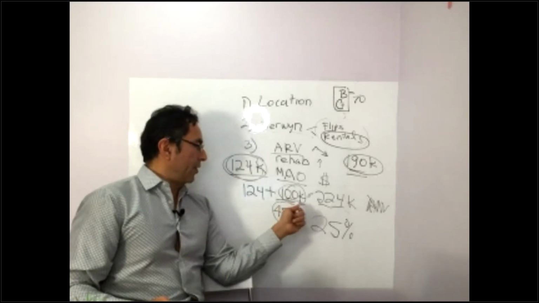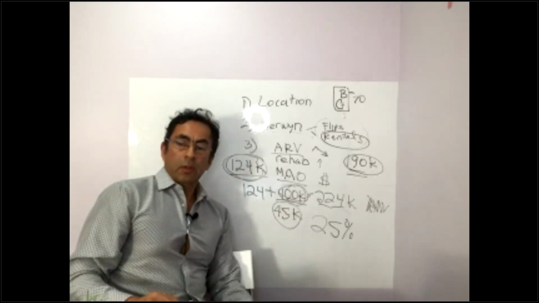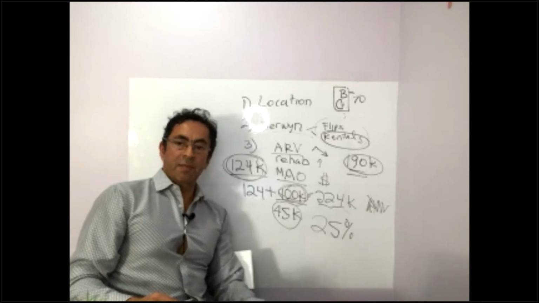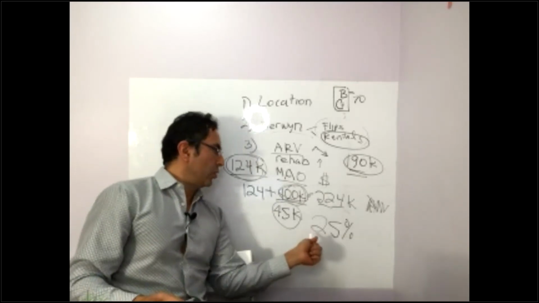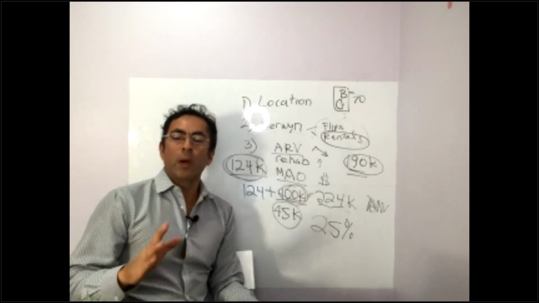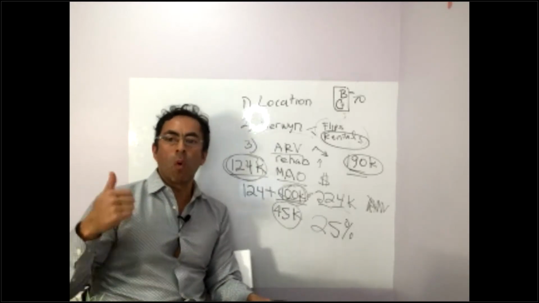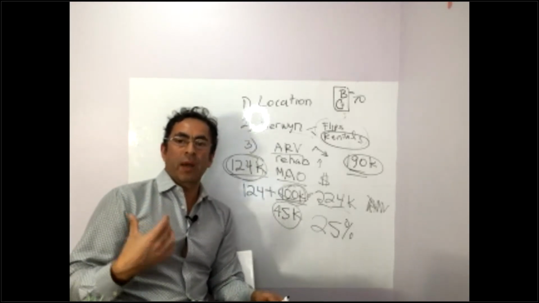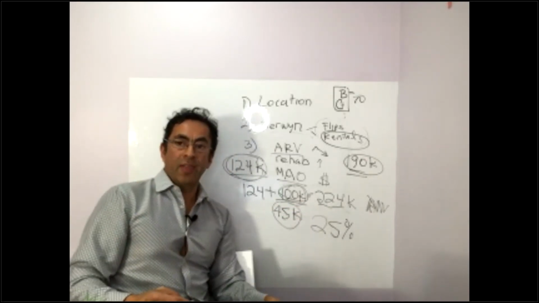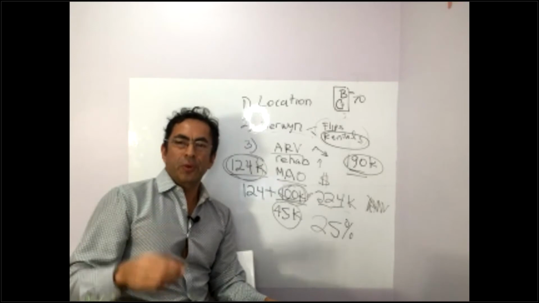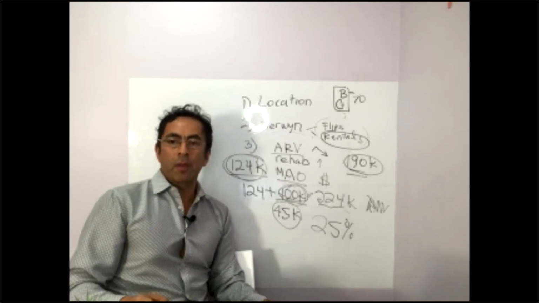So when you add 100,000 to the asking price and the rehab is less than 50,000, boom, by default, you're going to end up with at least 25% equity or more. Based on my experience, when you have these two factors together, you're going to end up with about 33 to 35% equity on the back end.